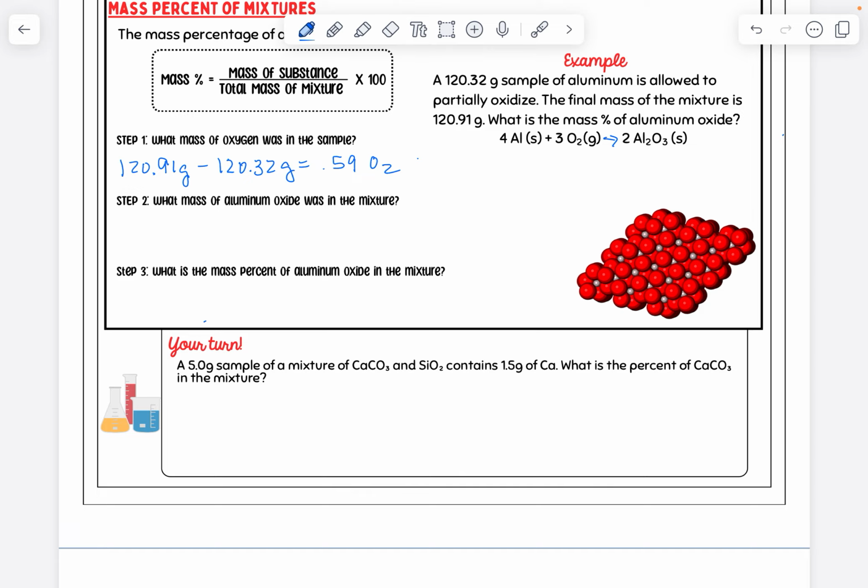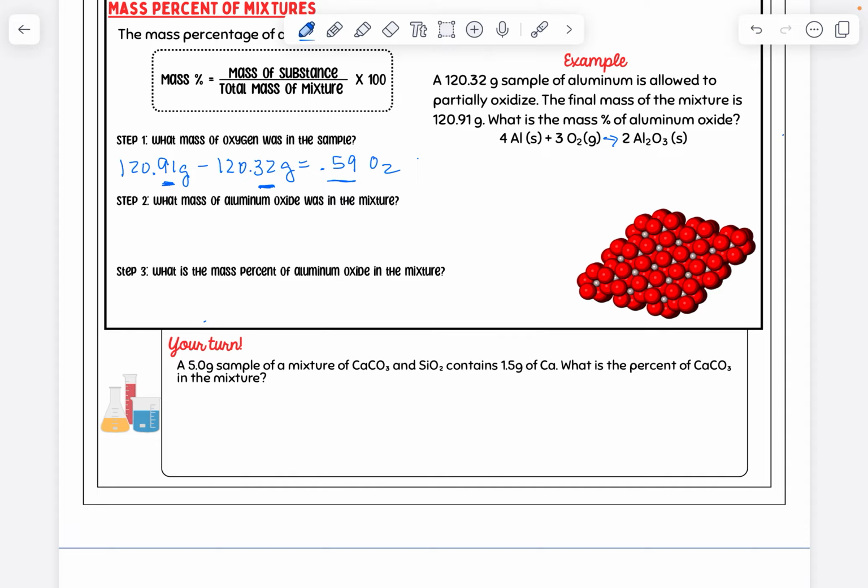And again, significant figures, remember when you're subtracting, you go by the decimal place. There's two decimal places, so that's why we get two significant figures of 0.59.